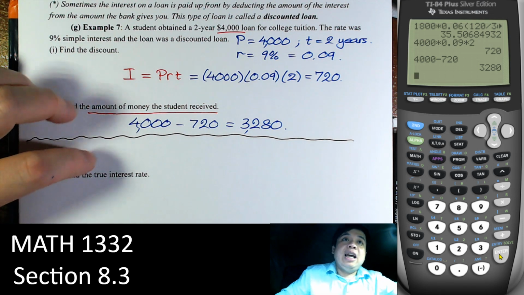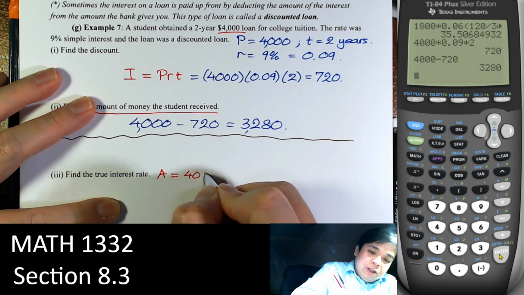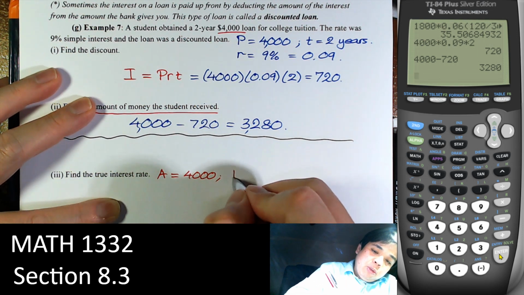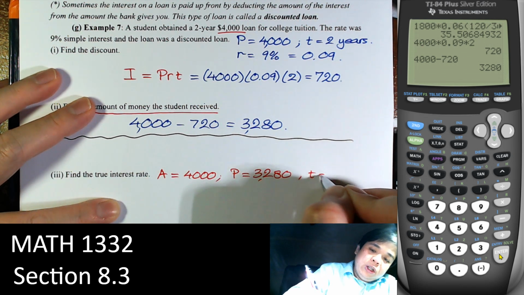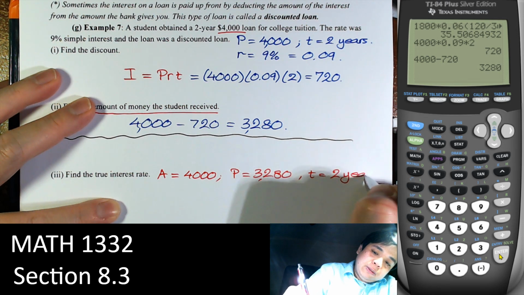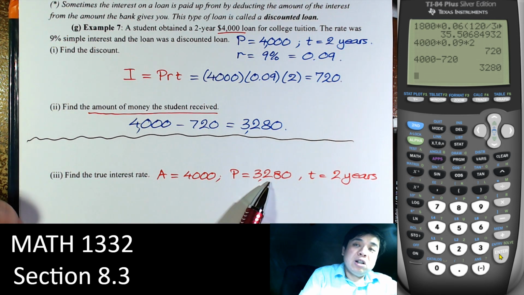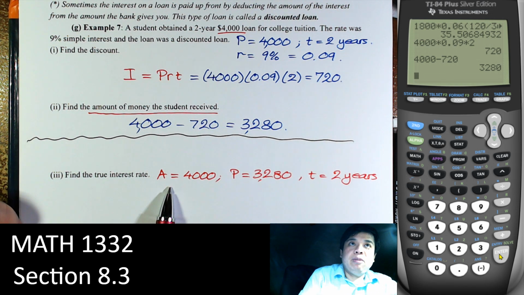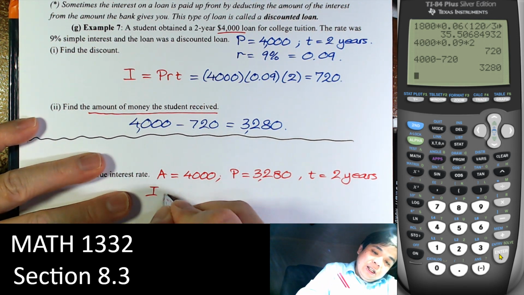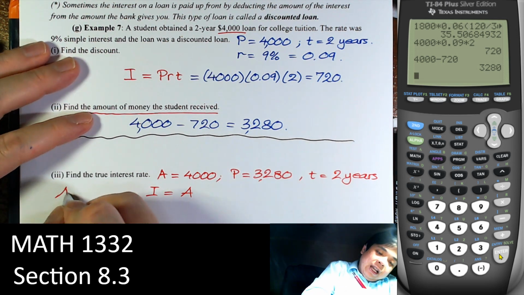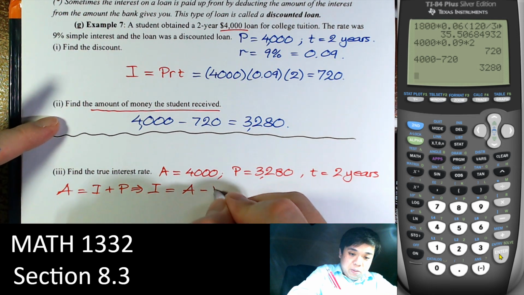So what if the future value is 4,000 and the principal is only this much, and we know it's for 2 years. We borrow this much and pay back 4,000 in 2 years, with the interest. In that case, A is equal to I plus P, so the interest is equal to A minus P.